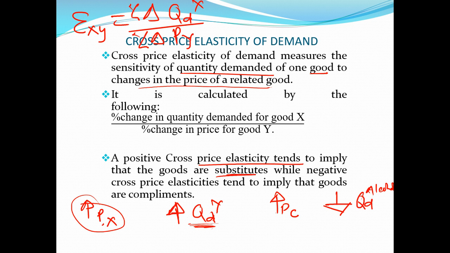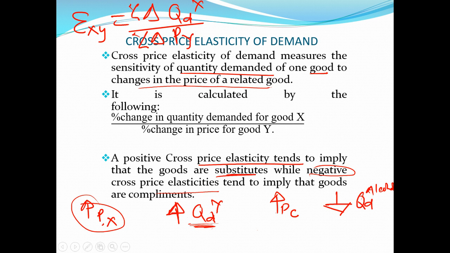So for complements, there will always be a negative cross price elasticity, because the increase in the price of one commodity will not only reduce the quantity of this commodity, it will also reduce the quantity of the other commodity, because these two should be consumed together. With substitutes, there will be a positive cross price elasticity.